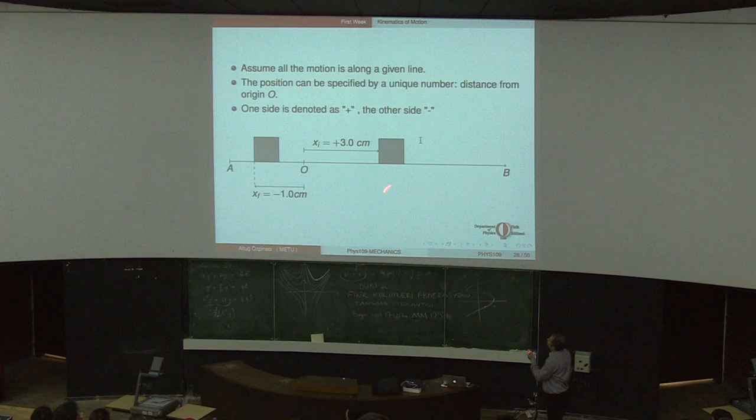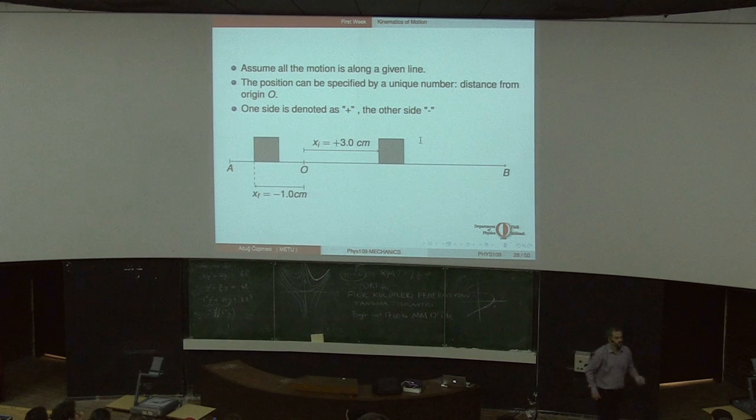Okay, this was the positive sense. If my block was there, suppose my block is moving. At some initial time, I measured its position. It is at plus 3 centimeters. At some other final time, it is at minus 1 centimeter. Just again remember, once I choose my object, I have to be consistent on how I measure the distance.